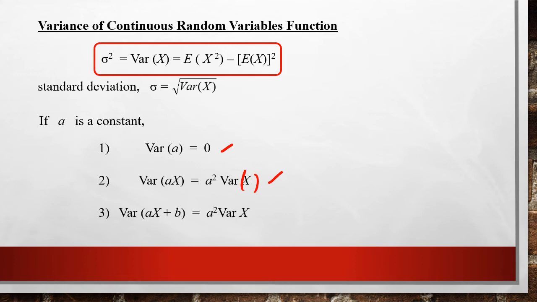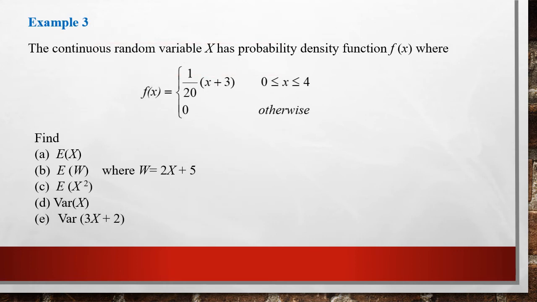And for the variance of ax plus b, it will be a squared multiplied by the variance of x, which is the same as the discrete random variable. So for the properties, we don't have to worry now, because they are the same for continuous and discrete random variables. Okay, let's see some examples.